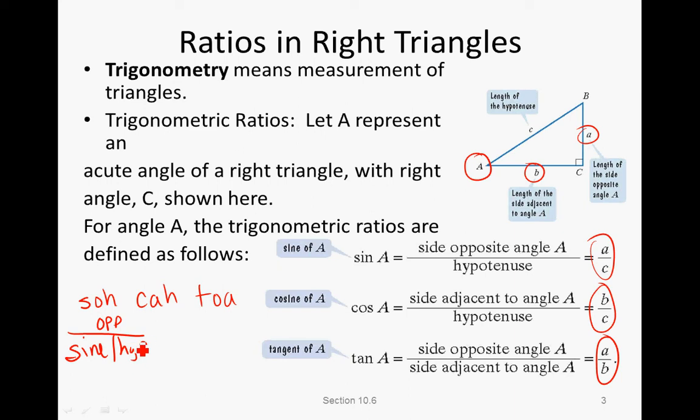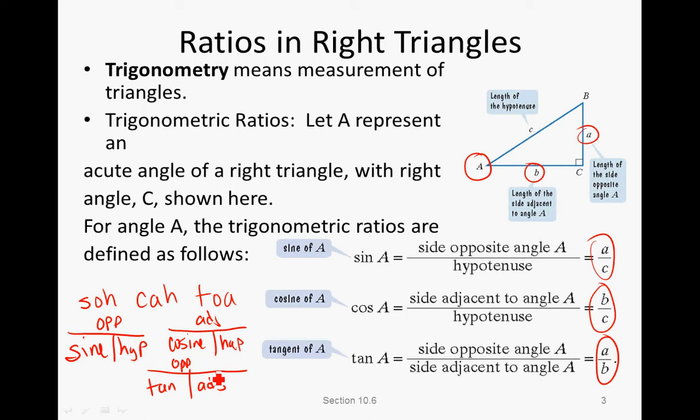Sine is opposite over hypotenuse. The cosine is the side that is adjacent over the hypotenuse. So cosine is adjacent over hypotenuse. And then the tangent function is the side that is opposite over adjacent.